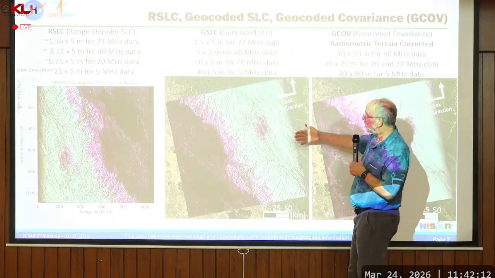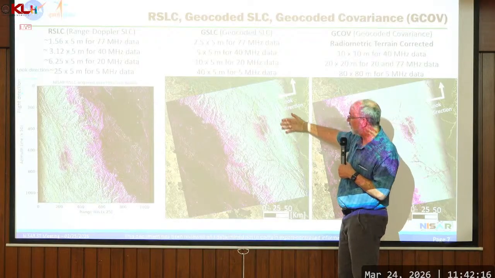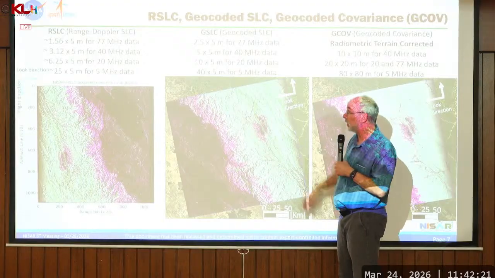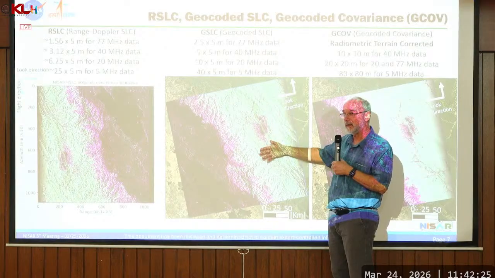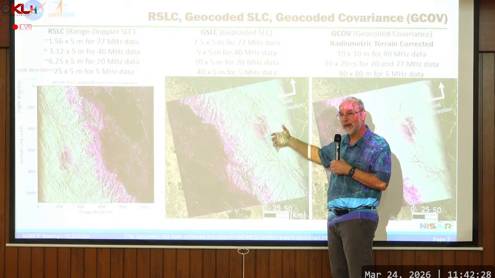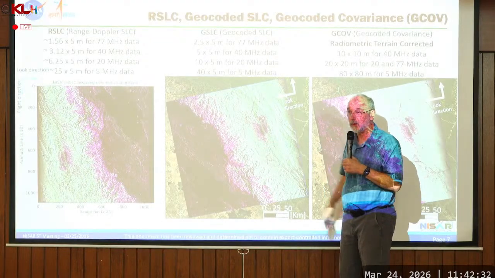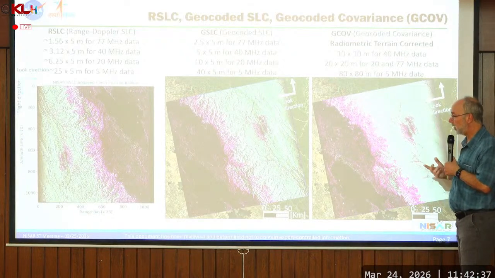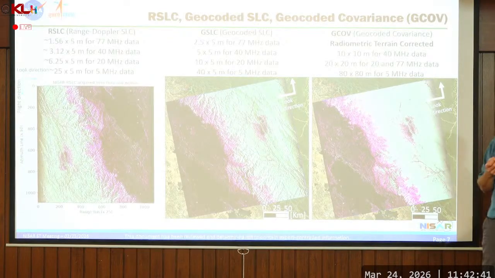This is the geocoded version of that RSLC. Again, it has all of this brightness variation that's due to the topography itself. So many scientists are frustrated by that topographic variability that has nothing to do with the science that they're trying to do. So we've attempted to create a new product where we use the Copernicus DEM to estimate the local slopes.